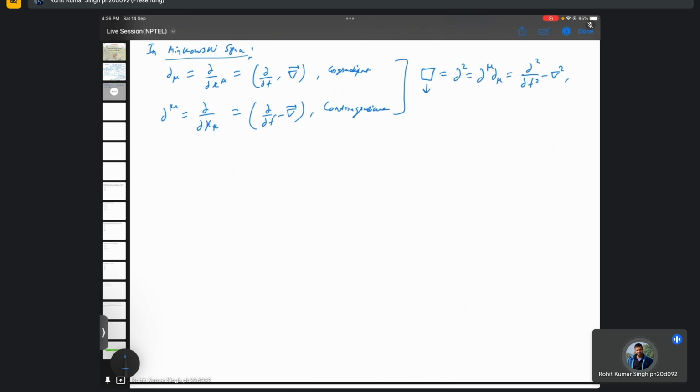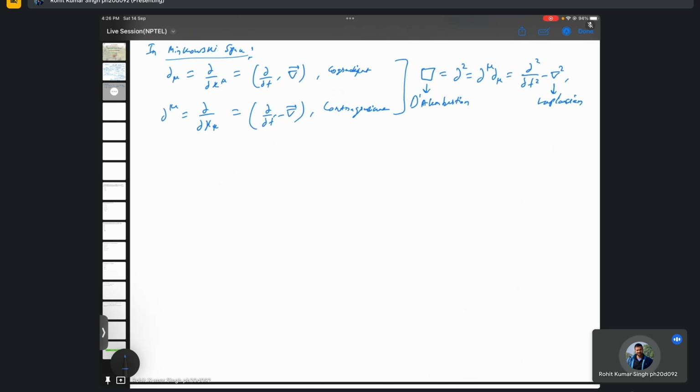This is our D'Alembertian, and you know that this is called the Laplacian, right? The spatial derivative, delta.